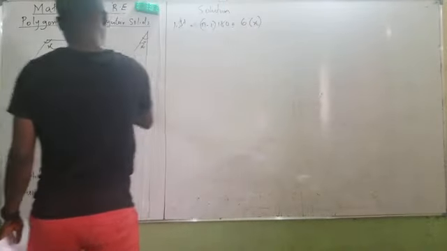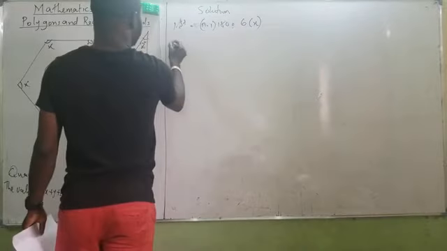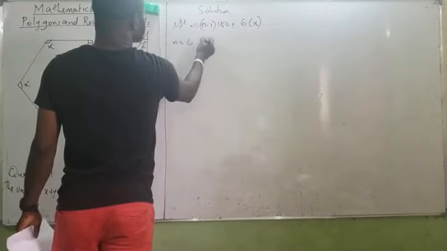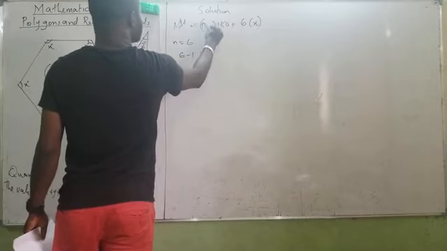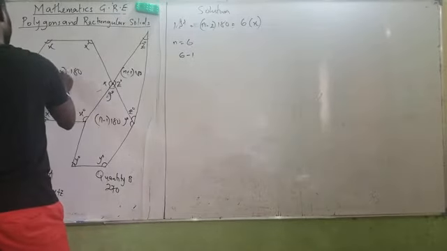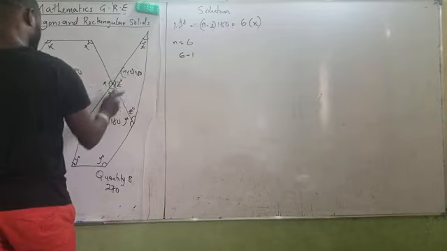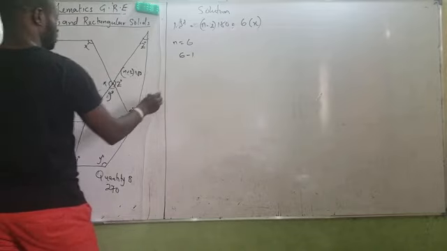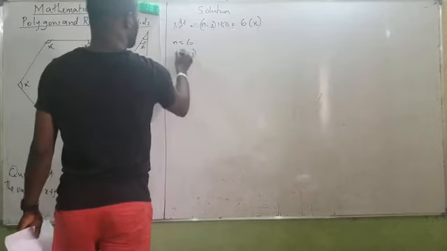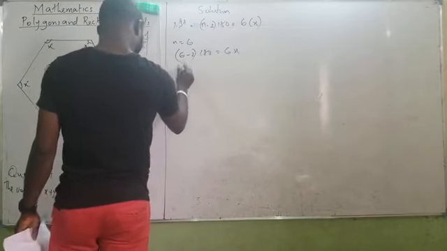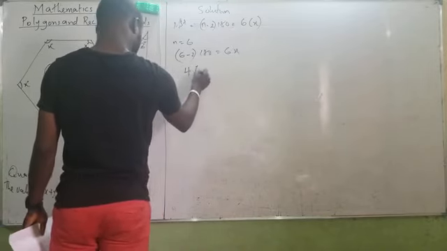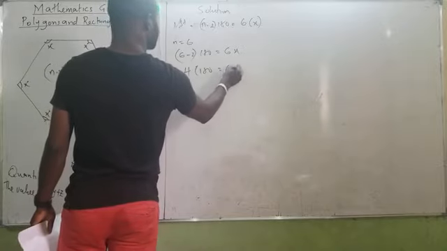What is my n? My n equals 6, so 6 minus 2, which is 4. I made a mistake earlier. So 4 times 180 equals 6x.